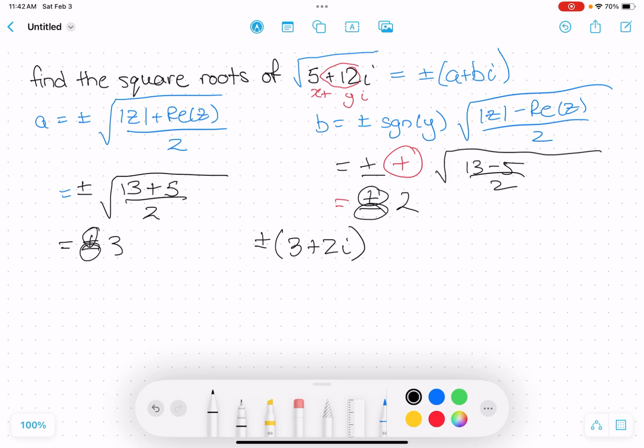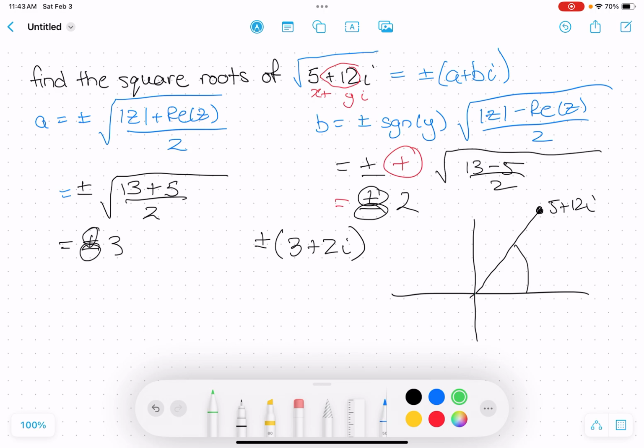Okay, now that would make sense because if I were to graph it, start with the original number that I'm square rooting, 5 plus 12i, let's put it up there. Now remember, if we're square rooting, it's like power of a half. So one of the solutions should be half this angle, and modulus should be the square root of that length.